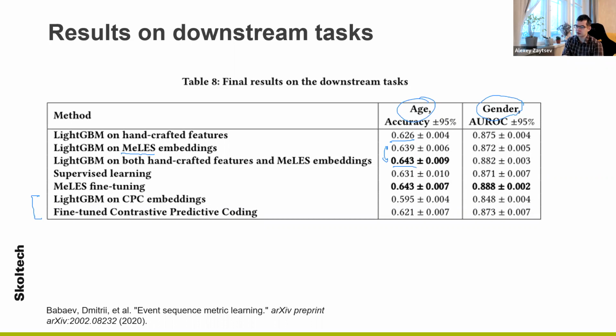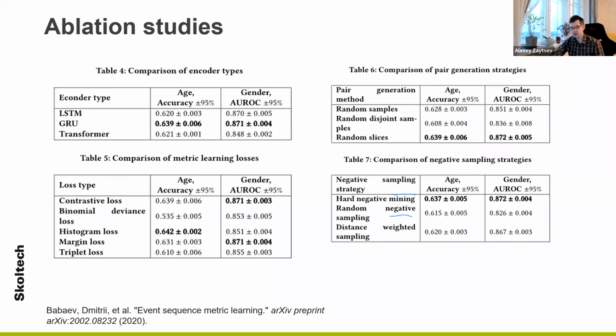And this improvement is quite significant here. So we have this additional information extracted from the data using embeddings, using models, which is a good sign that we are doing something useful. And also we say that MLS is better than CPC here. Unfortunately, CPC doesn't work well here.